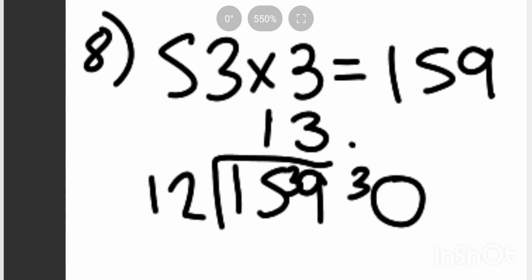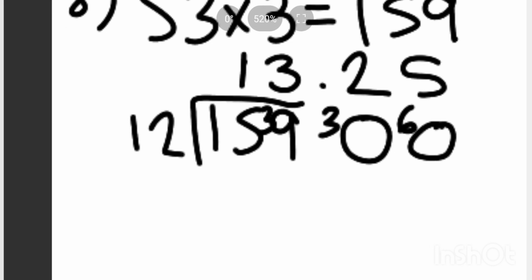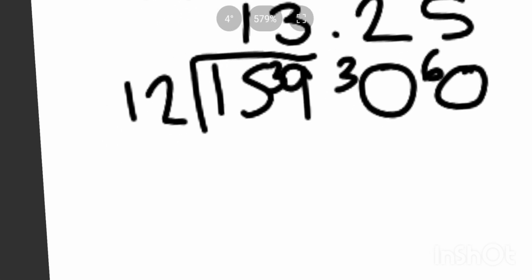So the answer must be 14 minibuses, because you can't have point something of a minibus. But to complete this division, we'll still go ahead. So 30 divide 12 is 2 remainder 6. And then 60 divide 12 is 5. So 13.25 minibuses, but you can't have 0.25 of a minibus, so we need to round the answer up to 14.